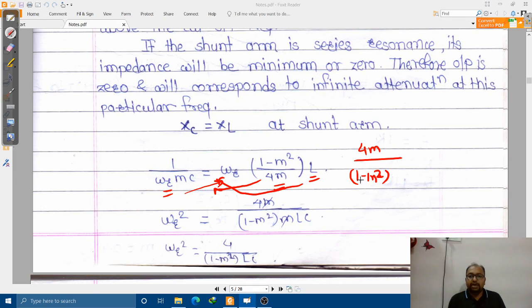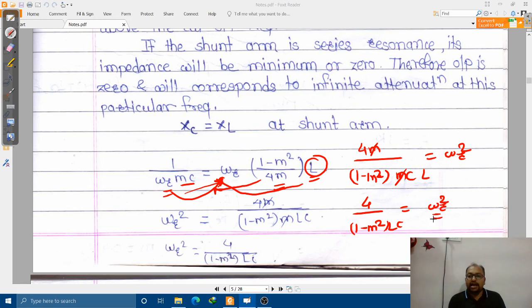So (1 minus m square), this mC as it is, and this L, equals omega r square. We transferred omega r to the right hand side, so it becomes omega r into omega r as m square. So this m and this m get cancelled out. So 4 divided by (1 minus m square) LC equals omega r square.